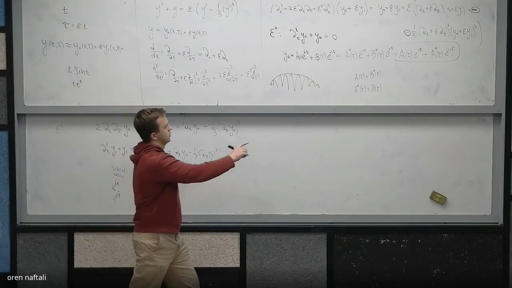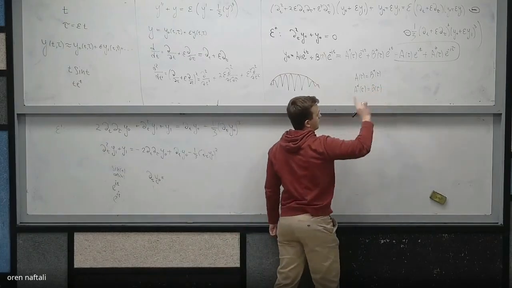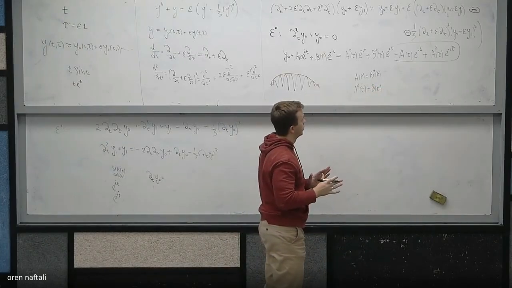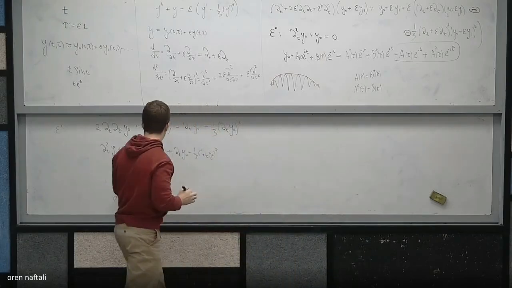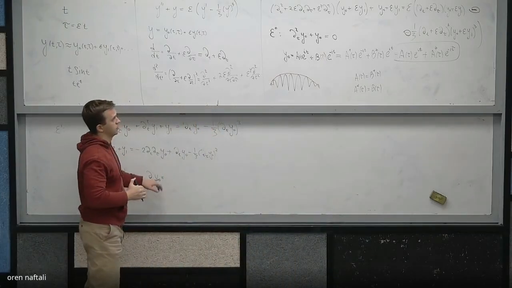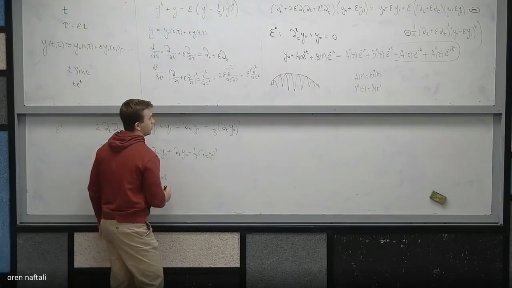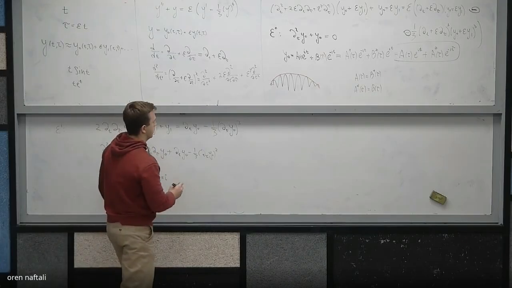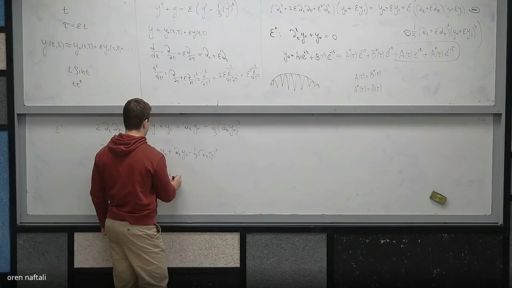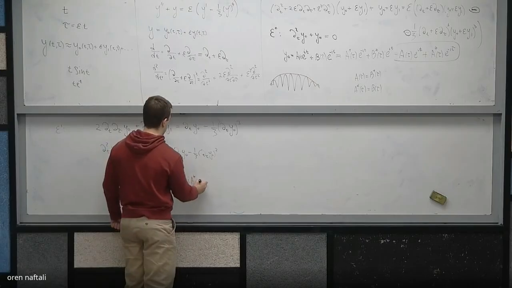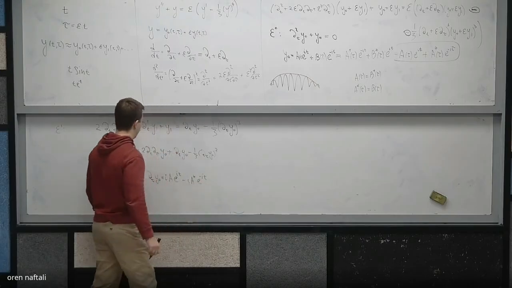So d t y naught. We use this y naught. Again, tau is an independent variable, so when we take the derivative with respect to t, tau is just a constant. So we have i times a e to the it minus i a star e to the minus it.